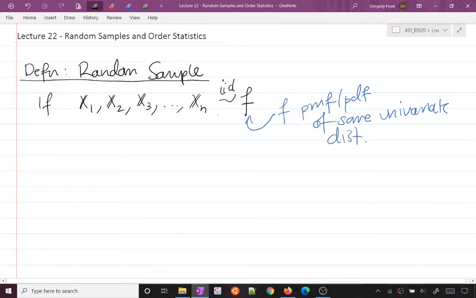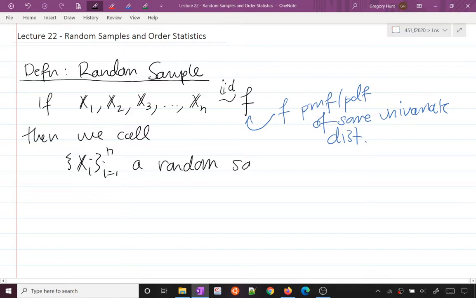And if my collection of random variables X1 to Xn are all independent and identically distributed from this distribution, then we call the collection of these Xi, which I'm just going to denote as Xi, i goes 1 to n, a random sample from F, from my distribution.